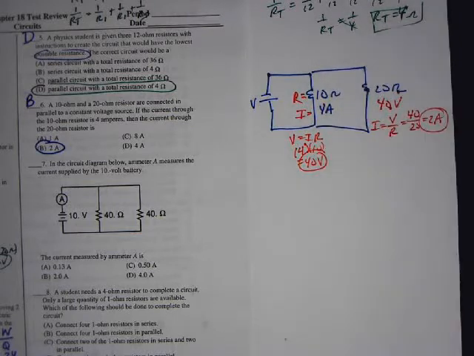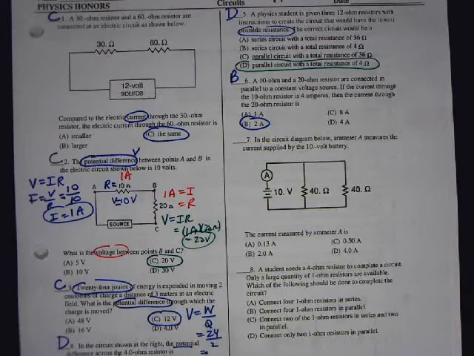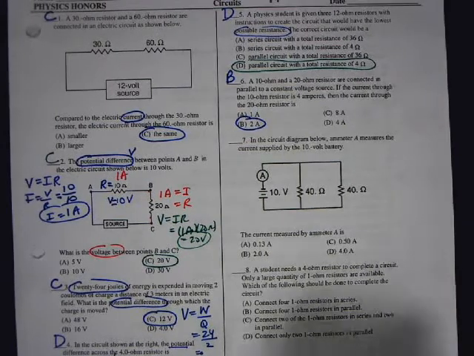Number 7. In the circuit diagram below, ammeter A measures the current supplied by the 10-volt battery. The current measured by ammeter A is... So when I look at this circuit, I see that this circuit is obviously parallel.